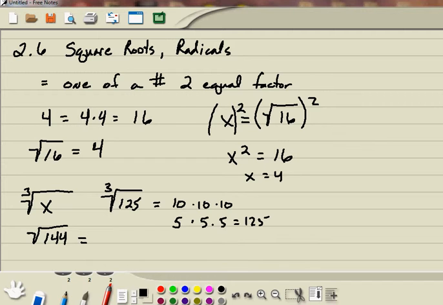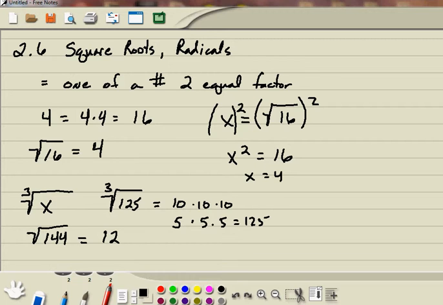Well, since we're talking a square, it's common knowledge that the square would not have that index there. So what number times itself equals 144? And we now know that 12 times 12 is 144, so the answer to this problem is 12.